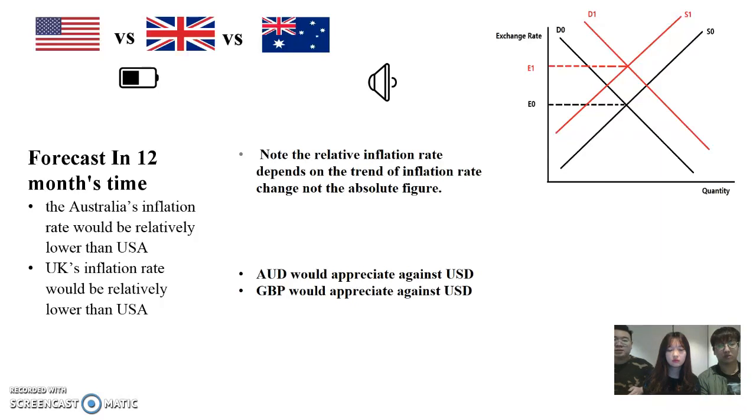As a result, the demand for domestic currency will increase and the supply of domestic currency will decrease. The view will be to appreciate the currency. So AUD and GBP would both appreciate against USD.